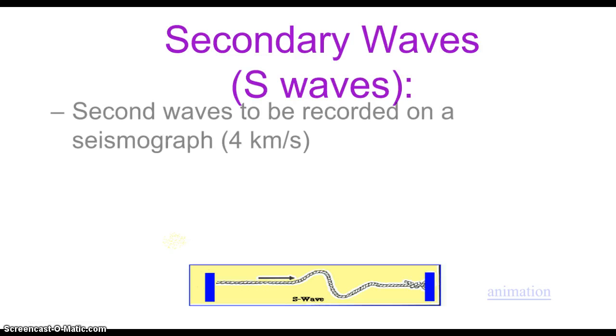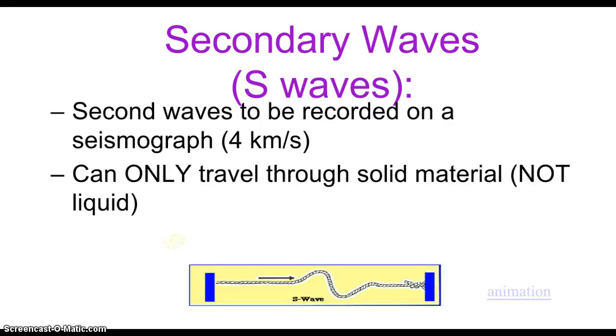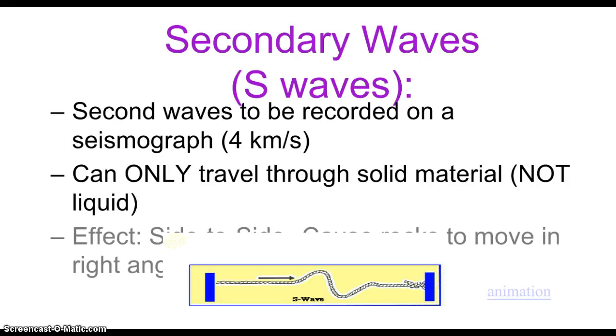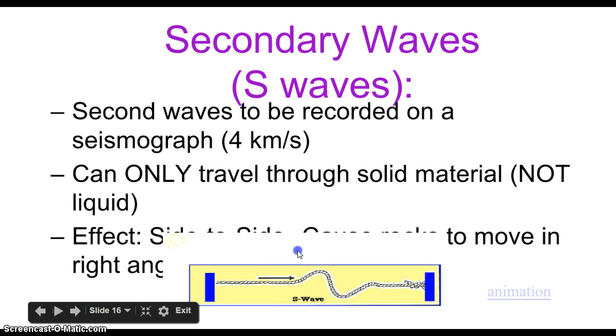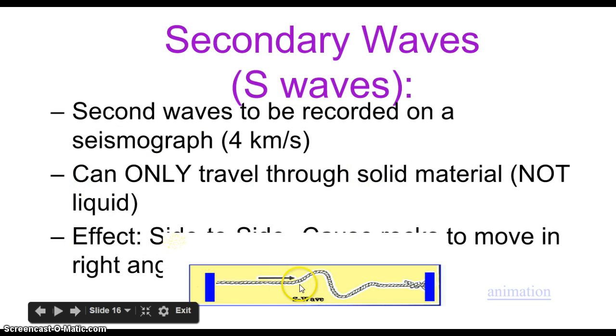Secondary waves come second to the seismograph station, and they move a little bit slower at 4 kilometers per second, but they can only travel through solids, so they can't go through the outer core. And their effect is that they go side to side, like a snake slithering side to side, but still going forward.